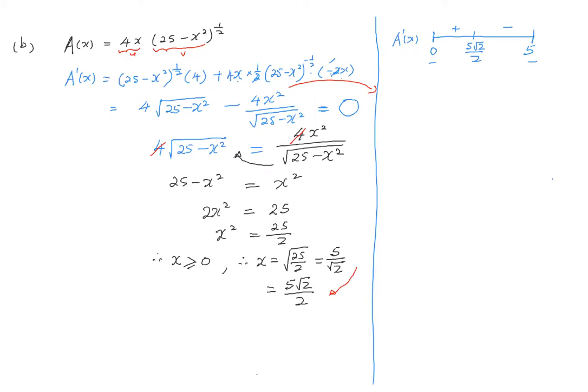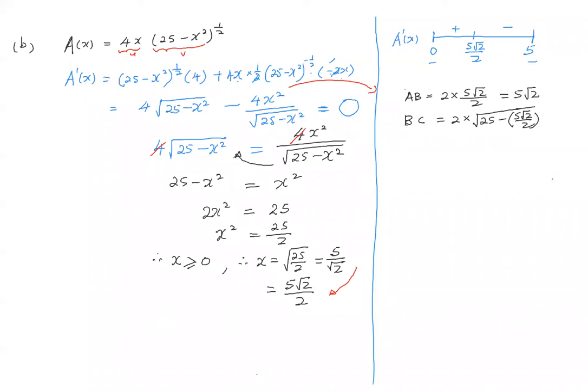Is that the end of it? No. Now we have to talk about the dimension. So I have to know the length of AB. AB is 2 times X, so it is 5 root 2. Then I have to talk about BC. BC is 2 times the square root of 25 minus X squared.